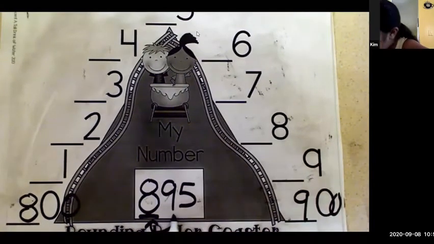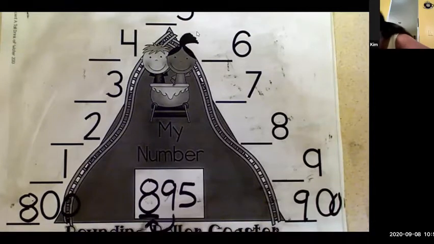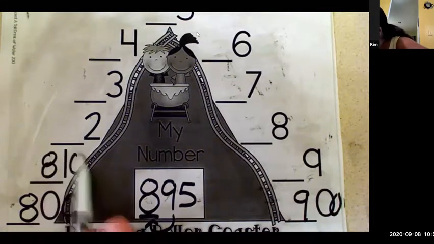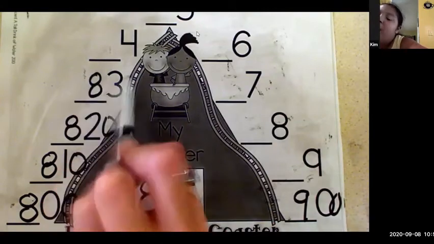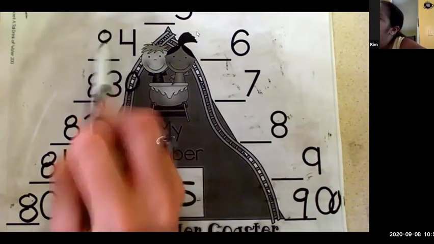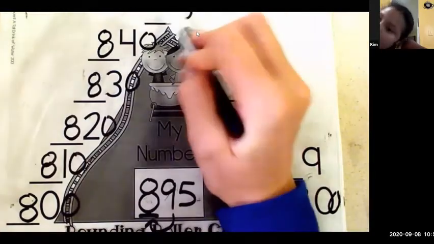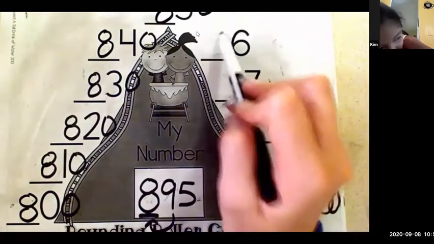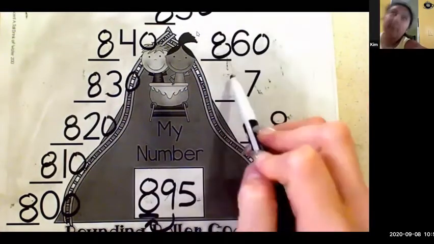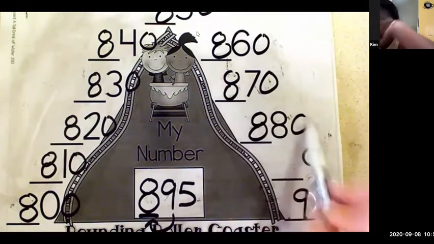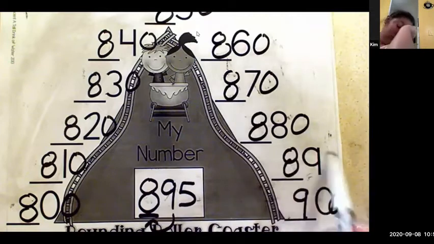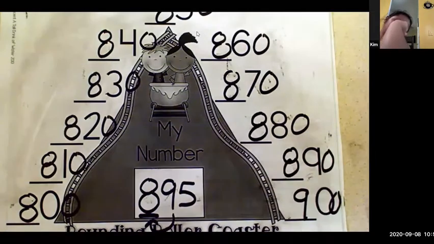Because our lower place value, the tens, is telling the hundreds where to go, we will be counting by tens. 800, 810, 820, 830, 840, 850, 860, 870, 880, 890, and 900.